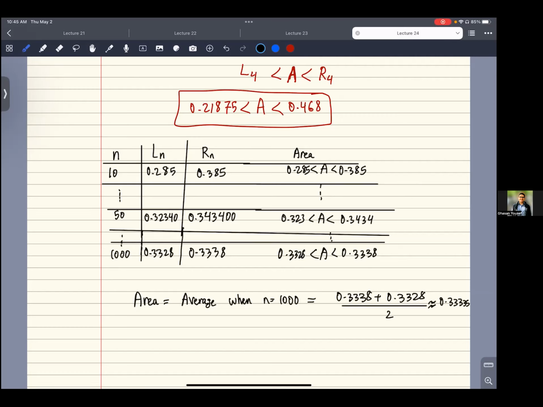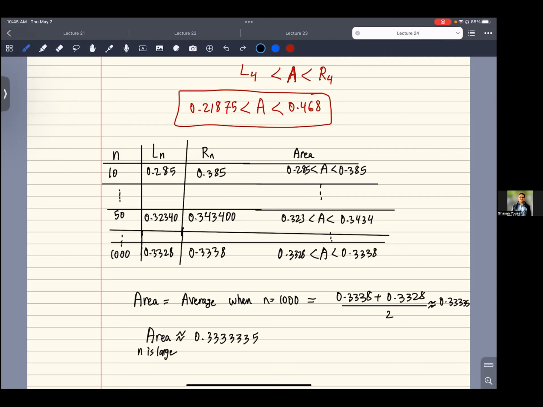This is an estimate, it's not equal, an estimate. So I can say now the estimate of the area when n is large is 0.333. Like this.